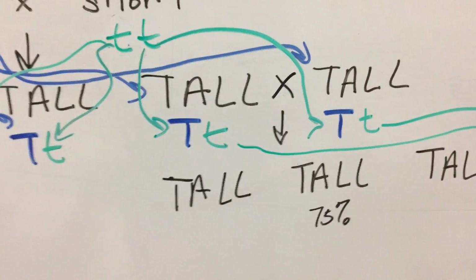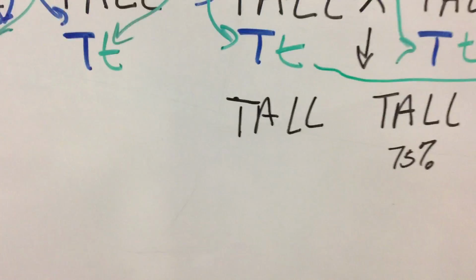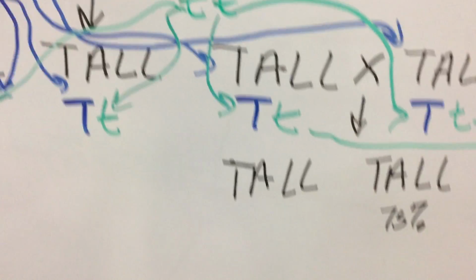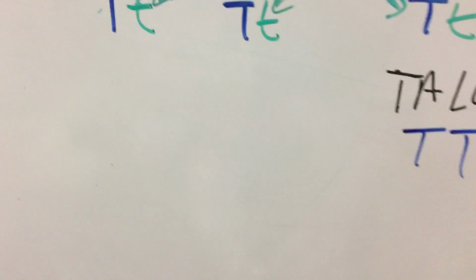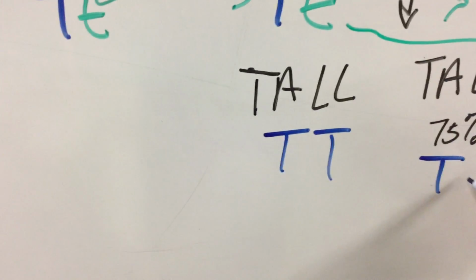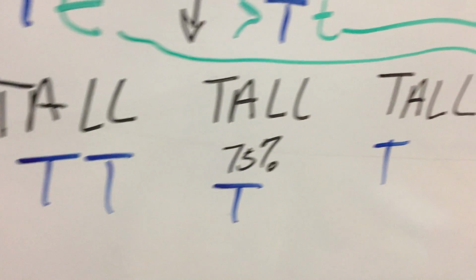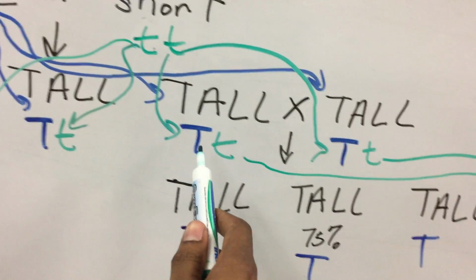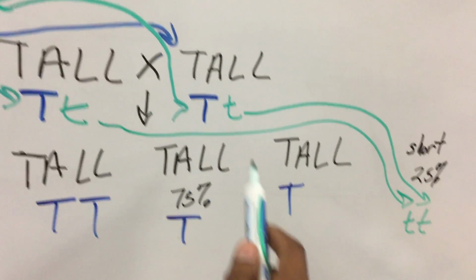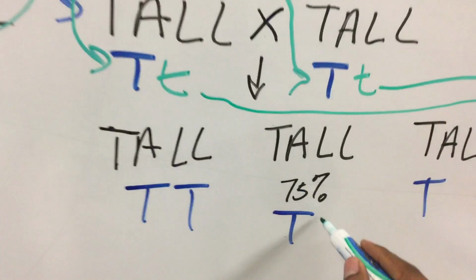But for the rest of these, they either had two tall alleles or one tall and one short allele. So they either had this or they had something like this from one parent. Let's say this one came from this plant and this one came from this plant, but they had received the other short allele.